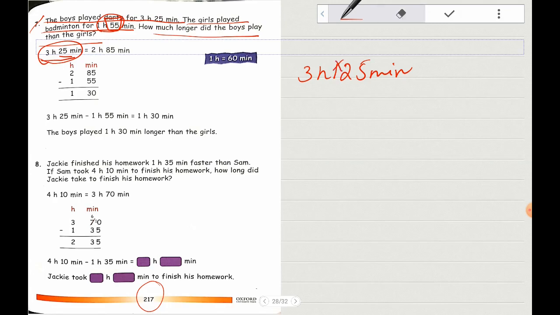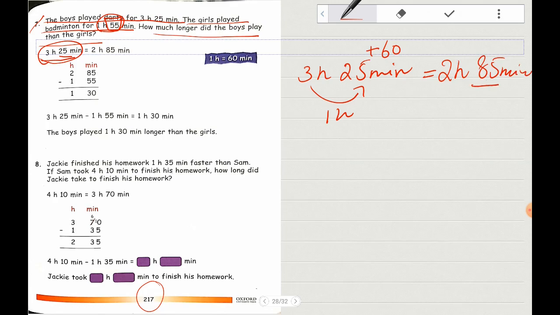It's wrong. You will not write 125. In fact, you will take 1 hour from 3 hours. If 1 hour goes here, you will add 60 to 25, right? When you add 60 to 25, the hours become 2 hours, and 60 plus 25 will be 85 minutes.